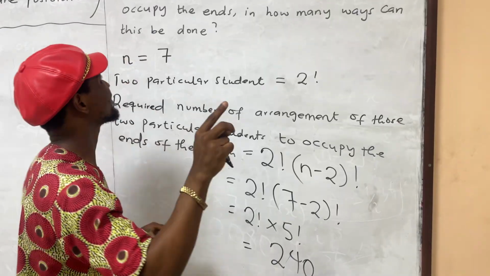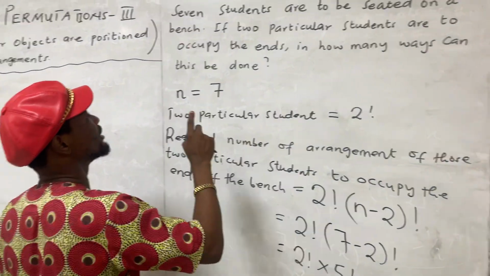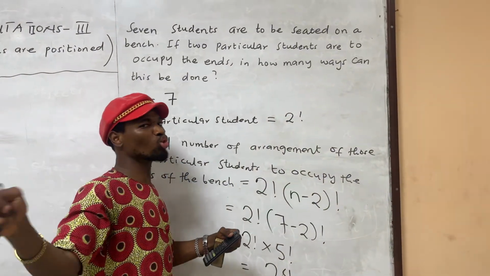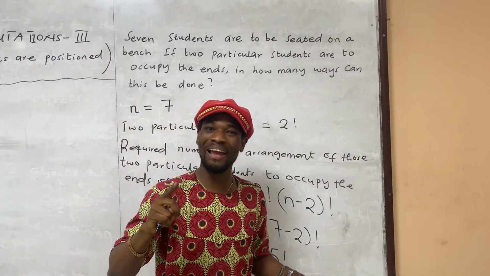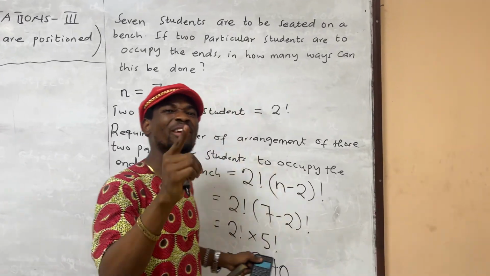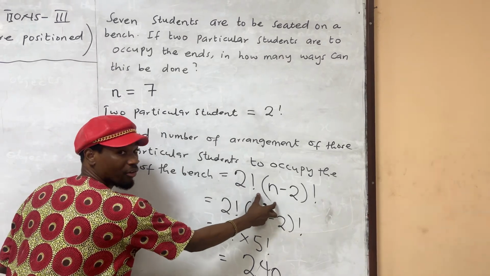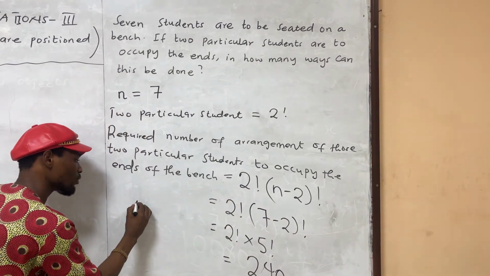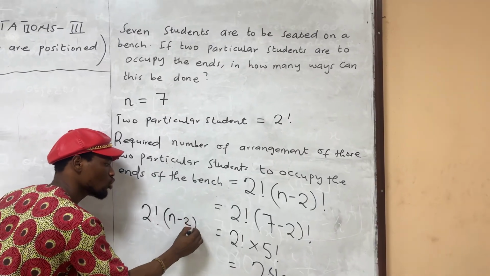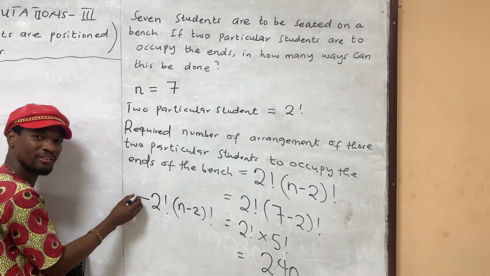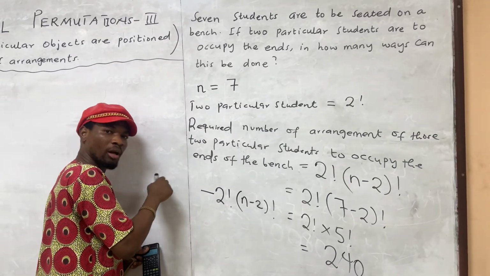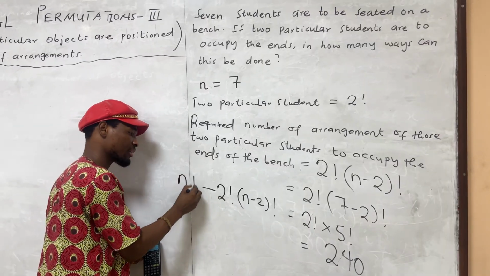If the question had said that 2 particular students must not occupy the ends of the bench, the formula for this will become what you already know, which is 2 factorial times n minus 2 all factorial, then subtracted from the arrangement of the total number of objects, which is n factorial.